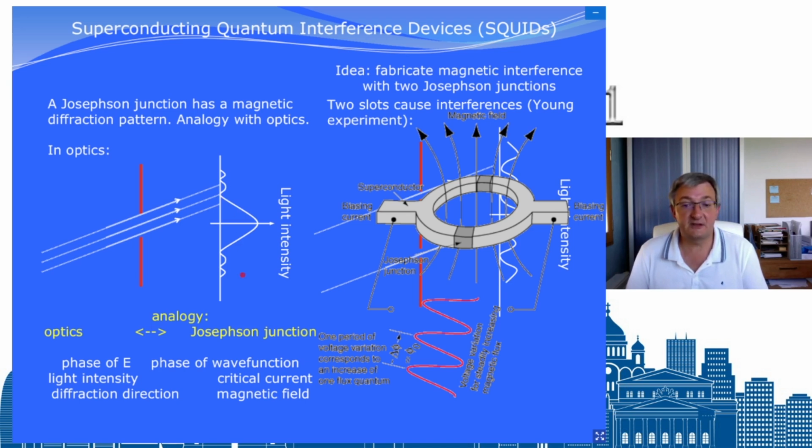You will have a diffraction pattern, which is well known. In optics, you call that Airy spot, and it limits the resolution of instruments. So if you want to have a good resolution, you need to have a very wide slot, like a large telescope, for instance, if you want to see a star very clearly.